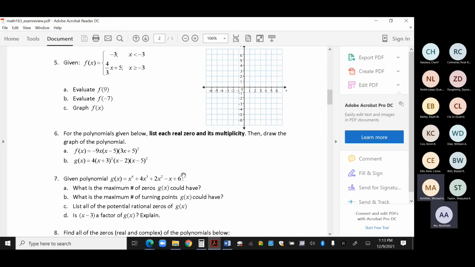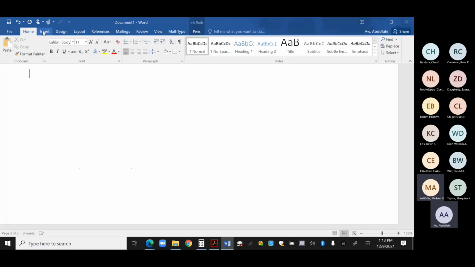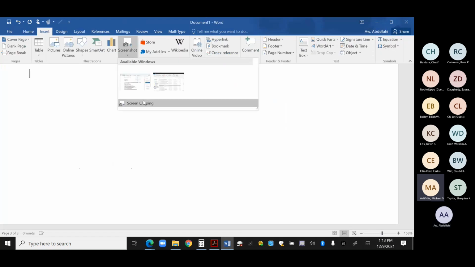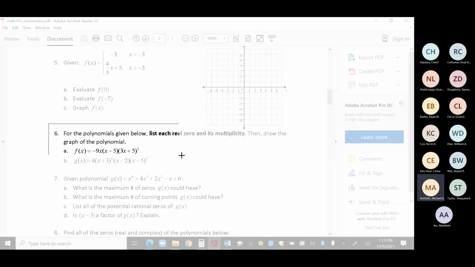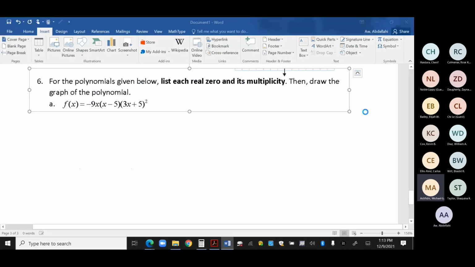Now, what you can have next is graphing polynomials, right? So let's just pick one of them to graph, just to refresh memories. All right. So I'm going to use the zeros, okay?